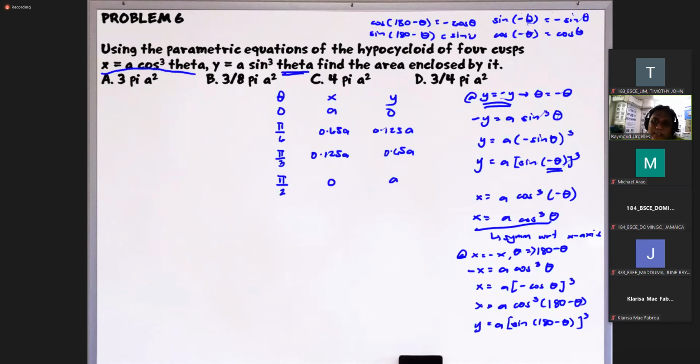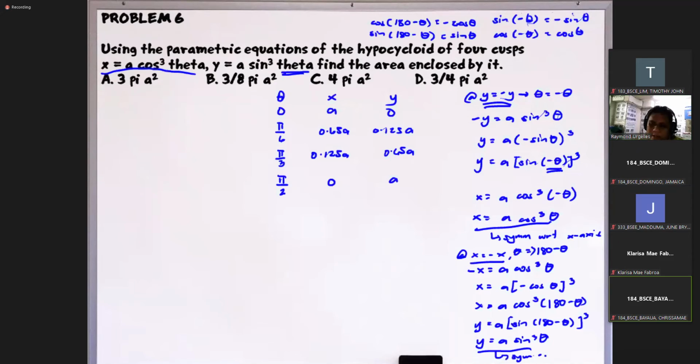So kaya magigitong positive sin theta. Diba? So that's why yung y natin will be a sine cubed of theta. So pinalitan natin yung x ng negative x, pero yung y walang nagbago. Diba? So ibig sabihin, this is also symmetric with respect to y-axis. No? So ibig sabihin, kahit first quadrant lang yung alam natin, pwede na natin gamitin yung symmetry para ma-drawing natin yung sa second quadrant saka yung sa third quadrant.